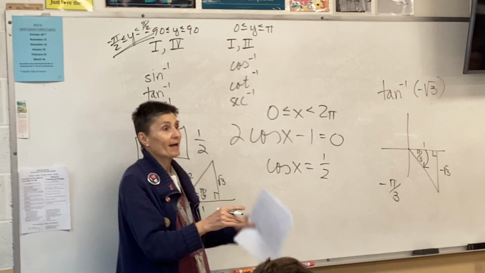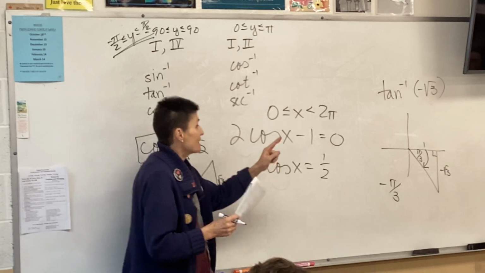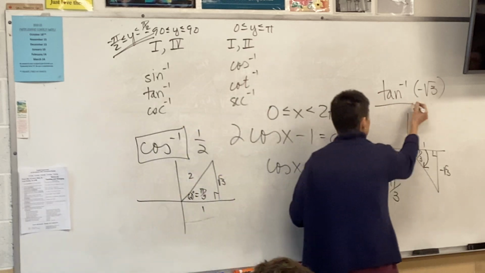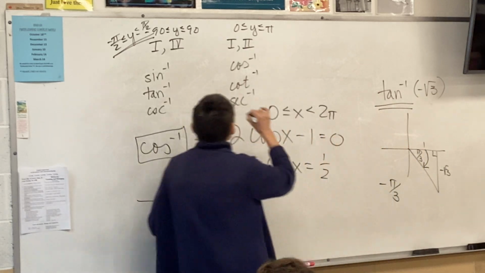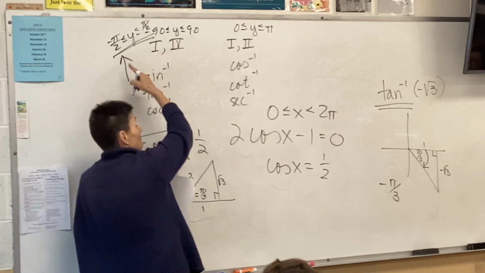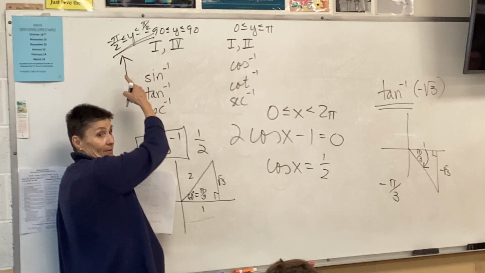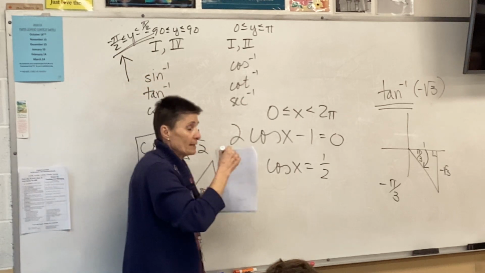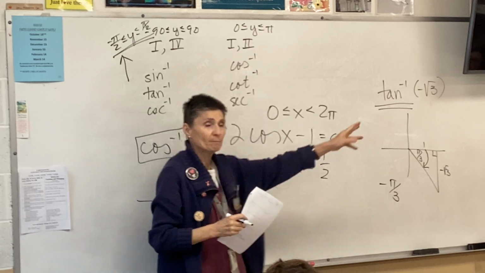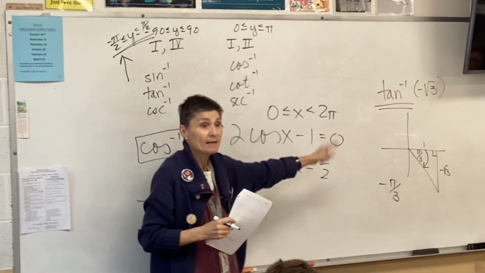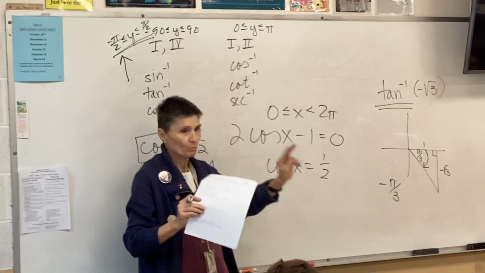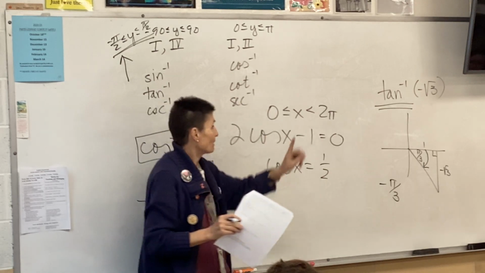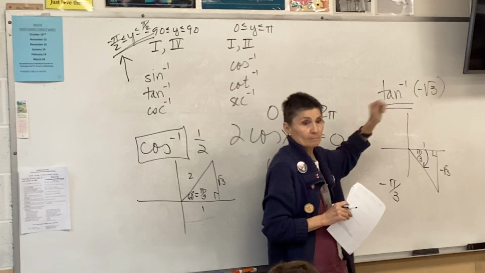But this comes back to what Lucy was asking. Any answer to this problem must be written in this interval. So if I'm randomly solving a trigonometric equation and that's the picture, 5 pi over 3 is fine, but not with this notation. Okay?